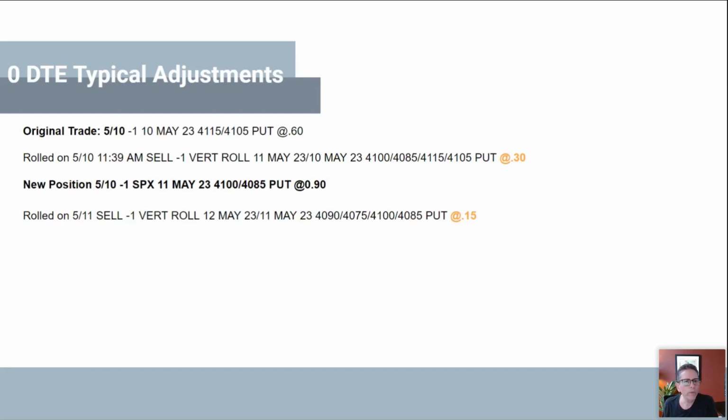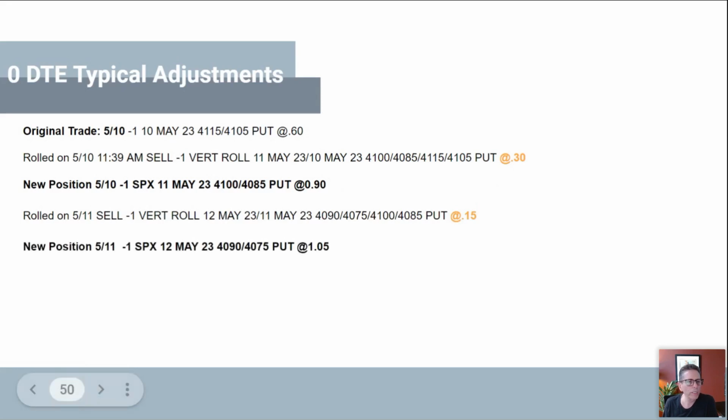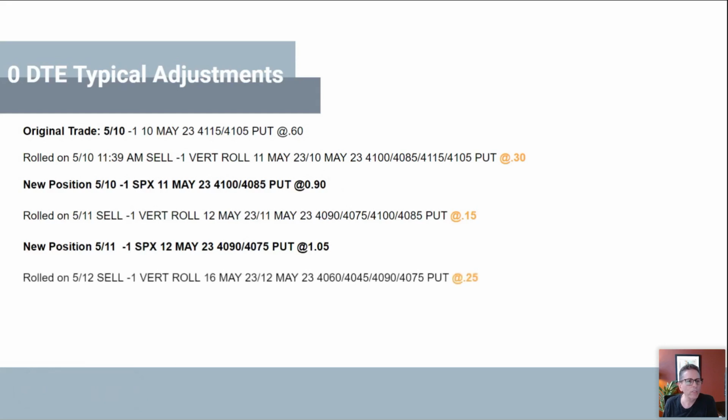So here I rolled the trade again using the same width, and we got a 15-cent credit. The new position is now 40.90, 40.75. So we went down 10 points here, and we have a credit now of $1.05. So we rolled the trade again.